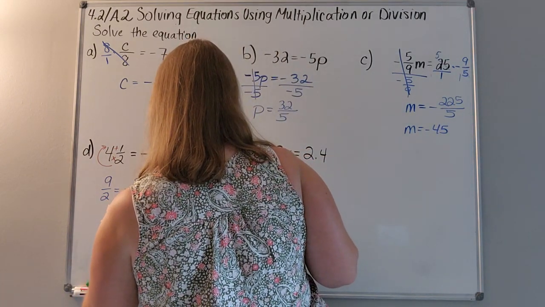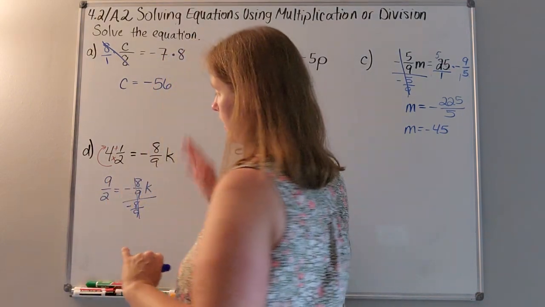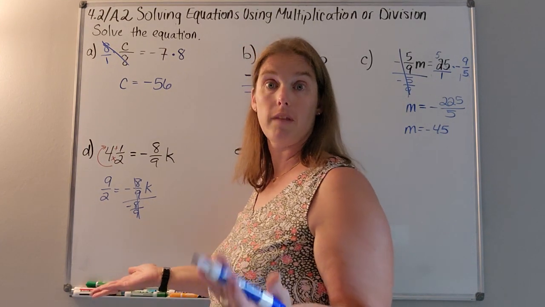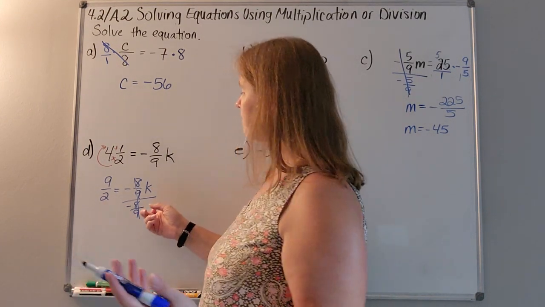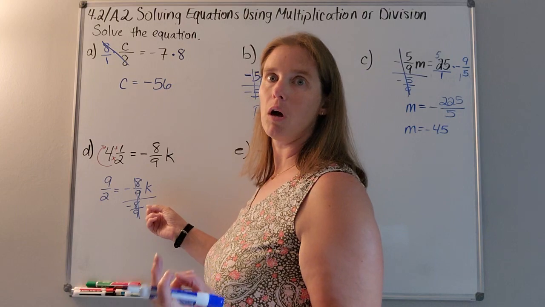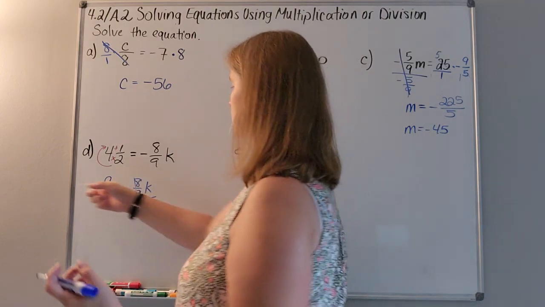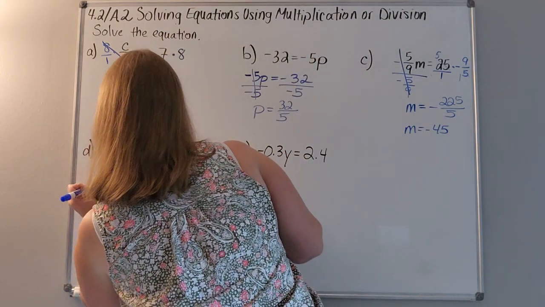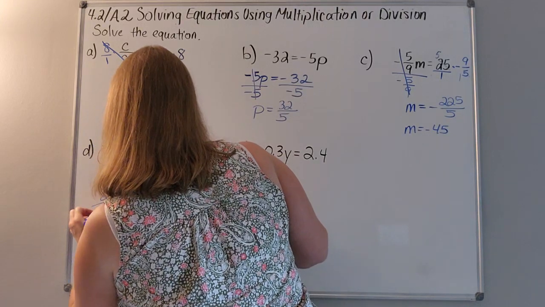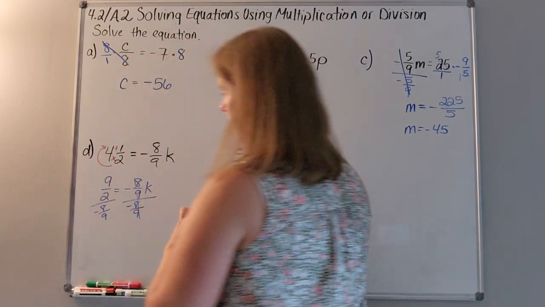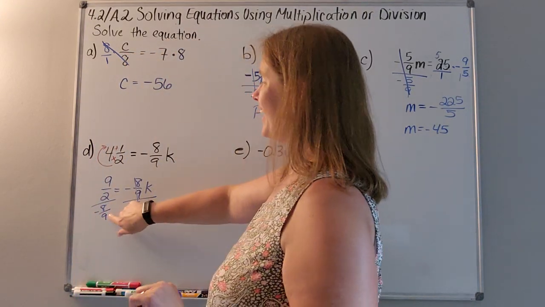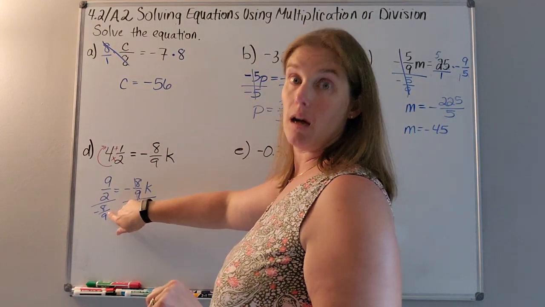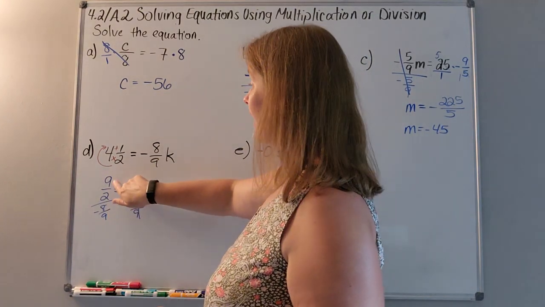Divide by -8/9. That's going to cancel out because I'm dividing a number by itself. That makes it 1. But instead of dividing by this, I really want to multiply by this reciprocal on this side. Don't flip 9/2.